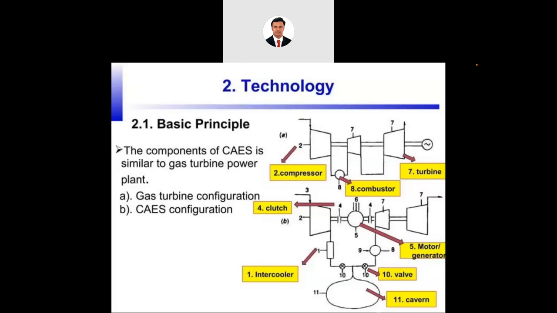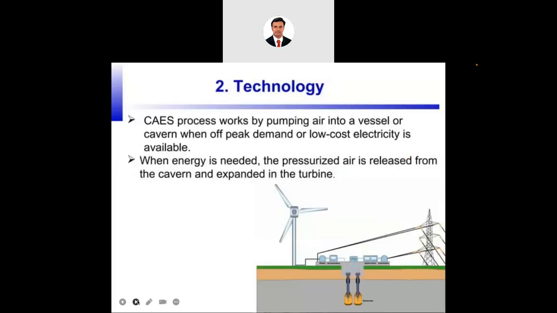Here also we use electrical energy to store the compressed air, and later, whenever demand rises, we use this compressed air. So that is the simple working of this energy storage.